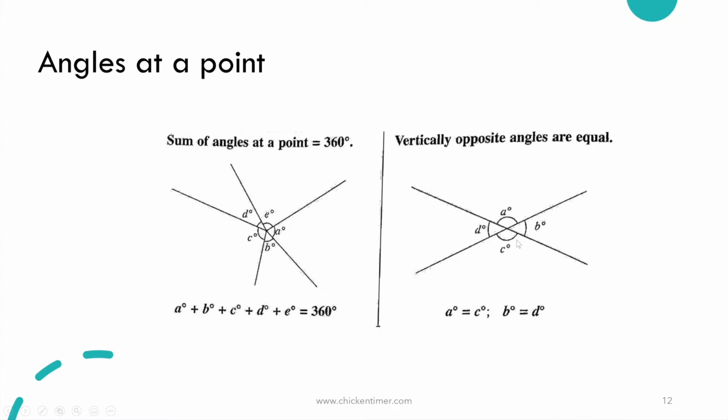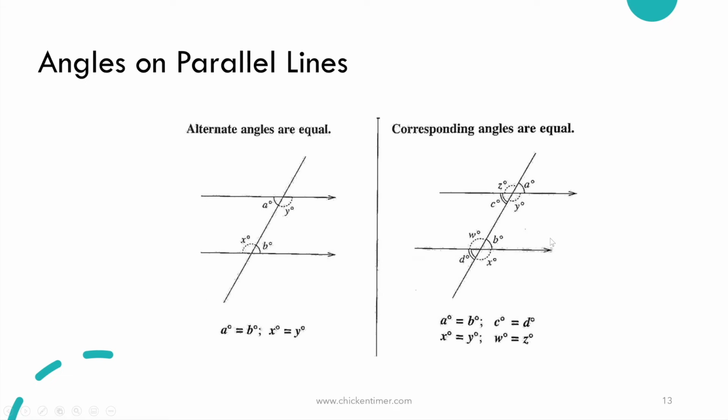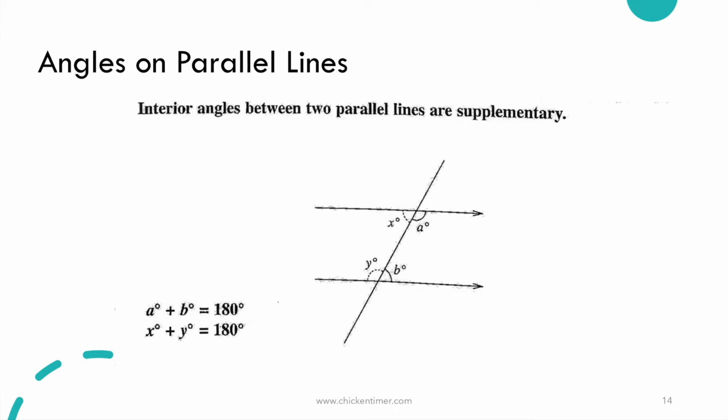Then we have angles at a point, so we have the vertically opposite angles, and also the sum of angles at a point is 360. Then we have angles related to parallel lines, so we have alternate angles, corresponding angles, and interior angles.